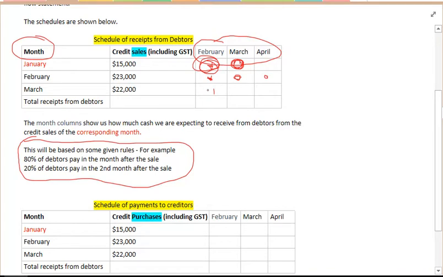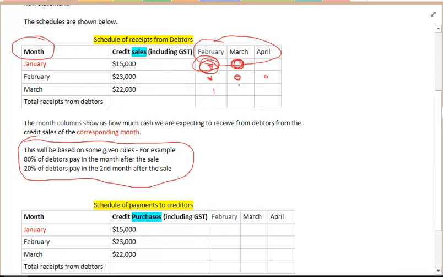With our March sales, we can't collect anything in February because February comes before March. If the credit sale happens in March, we can't collect the money any earlier than April, according to our rule. But because February and January come before March, we can't collect any money for the sale that hasn't happened.